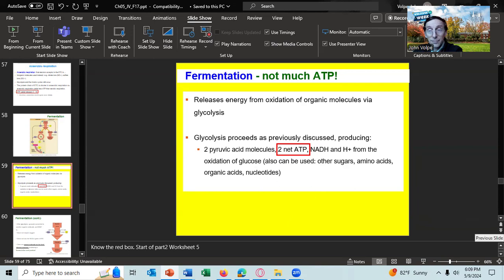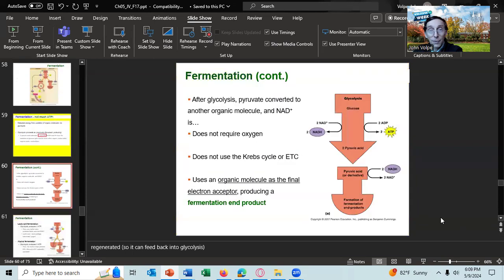In fermentation, you combine the first step, which is glycolysis, to generate ATP, and then you apply the fermentation step or steps, depending on the fermentation process. It's either, I think, 1 or 2 steps in all forms of fermentation.